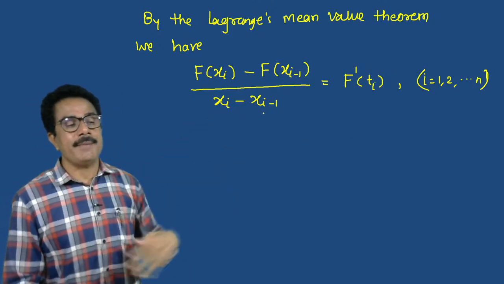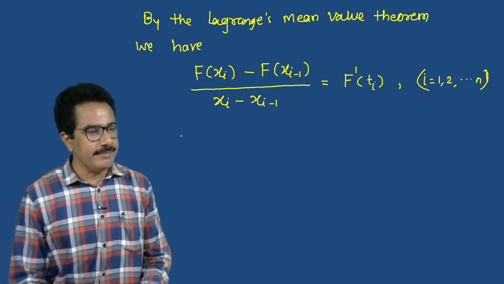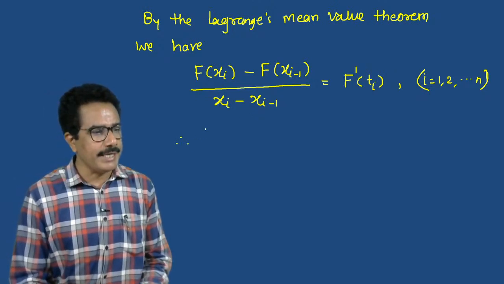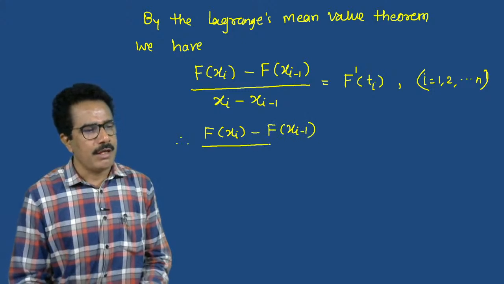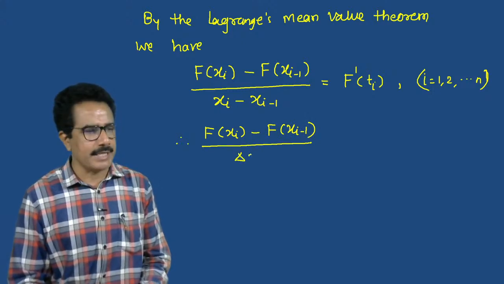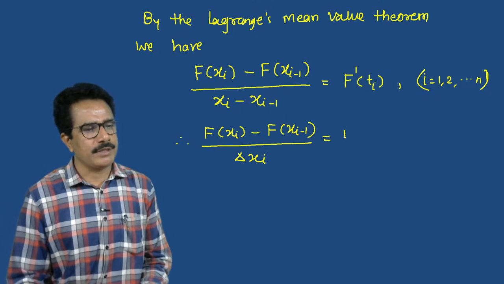Xi minus xi minus 1 is delta xi. So we can write F of xi minus F of xi minus 1 upon delta xi equals F dash of ti.